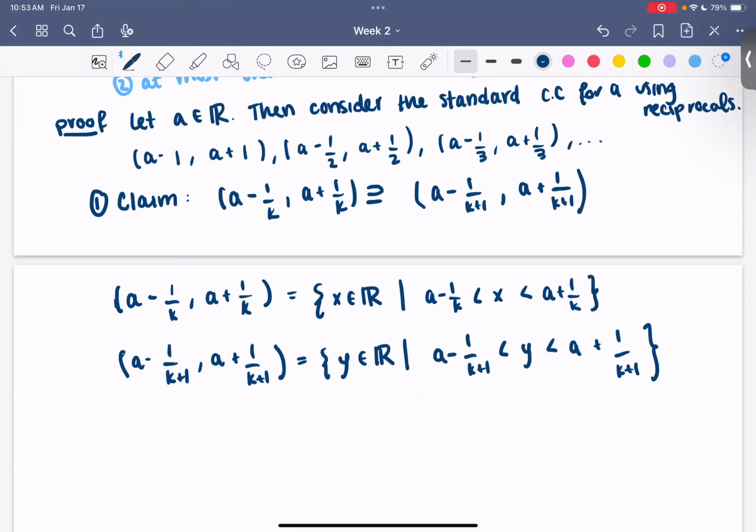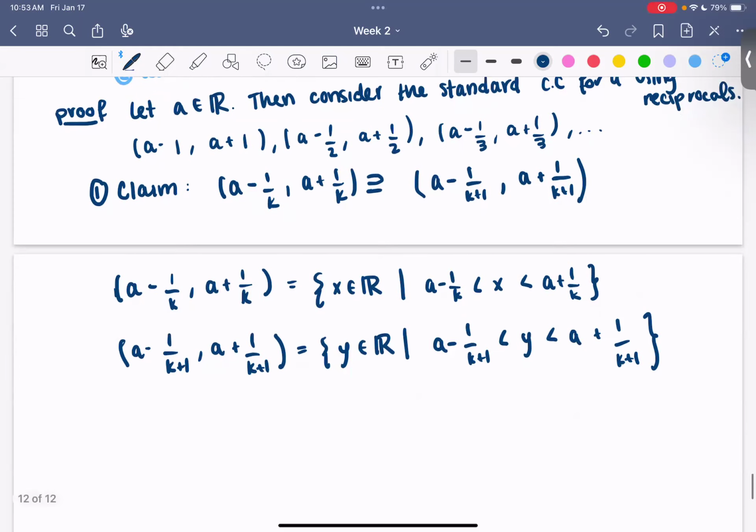So let's let y be an element of this second interval, meaning that y satisfies these inequalities.